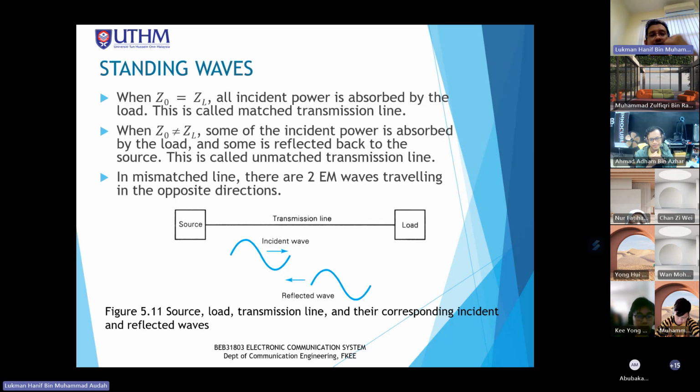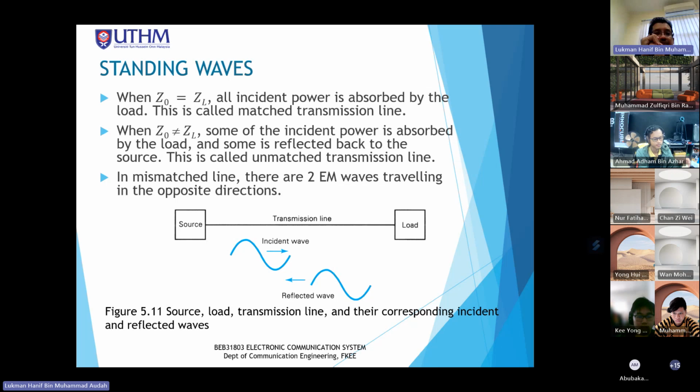If we freeze the time at a specific time, we might see that the wave looks as if it stands on a flat surface. That is why it is called a standing wave, as if the wave stands on a flat surface.